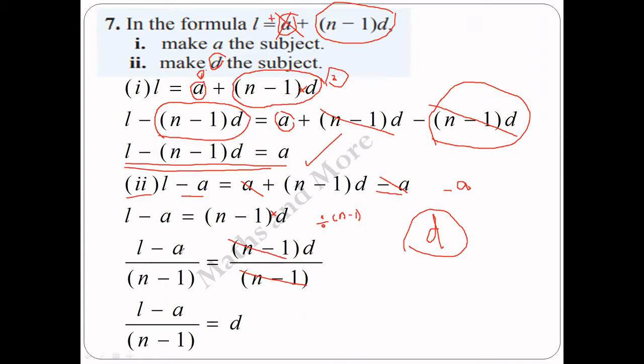L minus A over n minus 1 remains. Now D is the subject. D is in one side. There are two sides of the equation, left and right. Making D as the subject means that step by step, doing inverse operations, you have to remove terms.